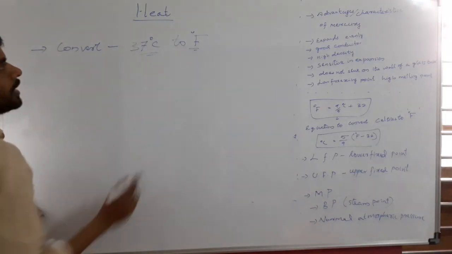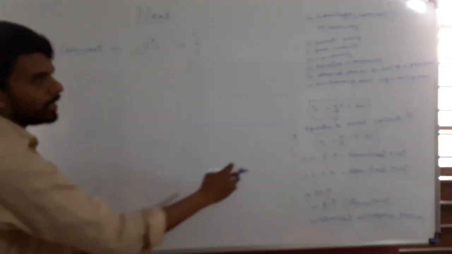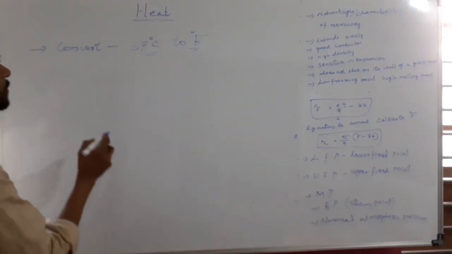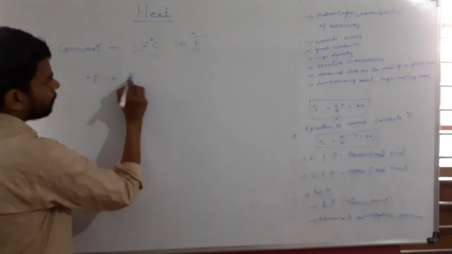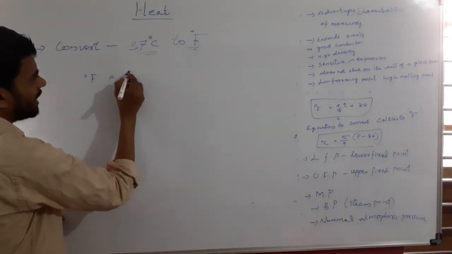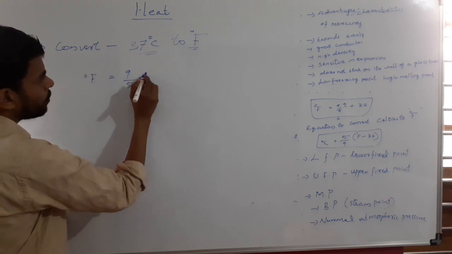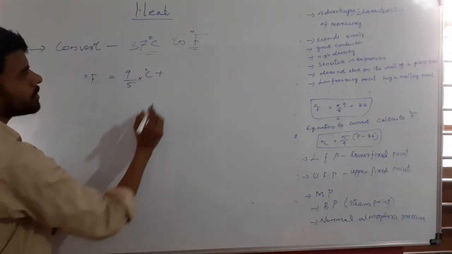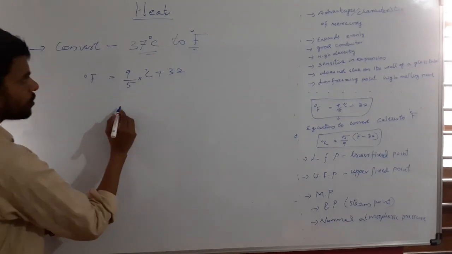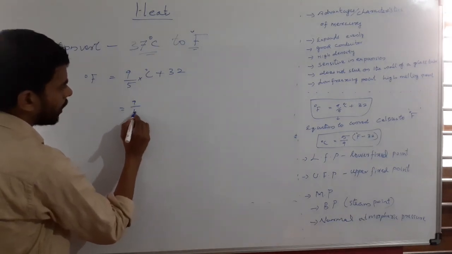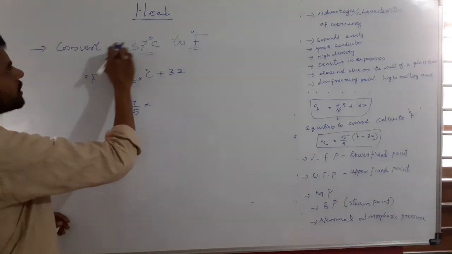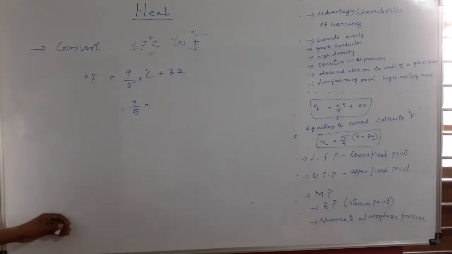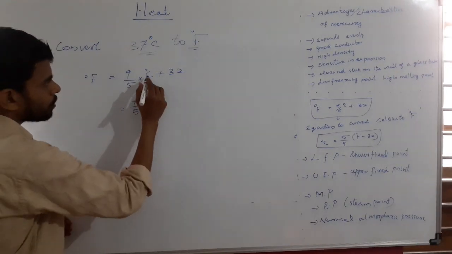What is given? Degree Celsius is given. So degree Fahrenheit equals 9 by 5 into degree Celsius plus 32. So 9 by 5 into degree Celsius, which is 37 degree Celsius.